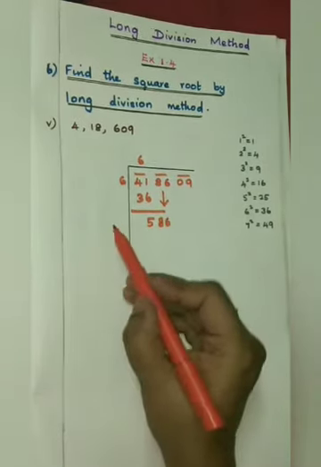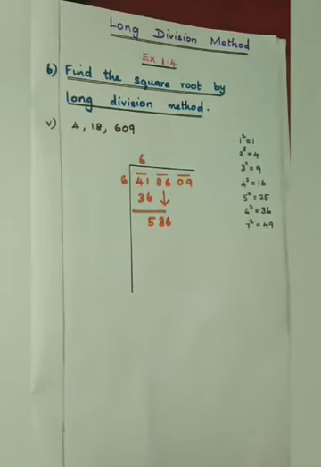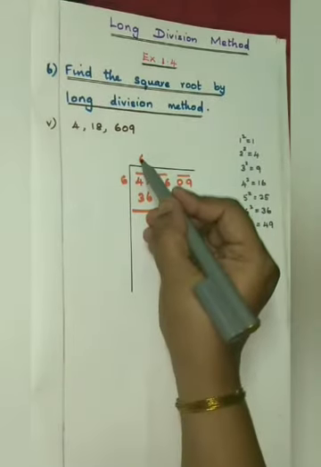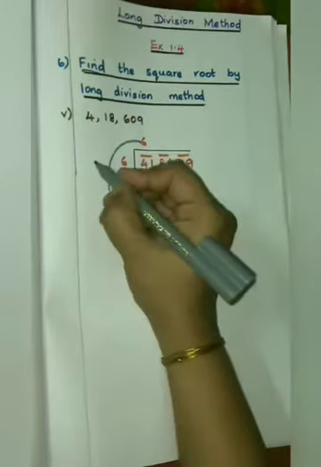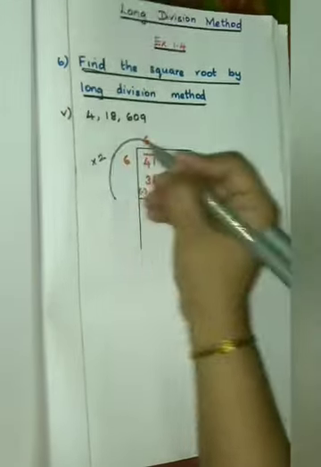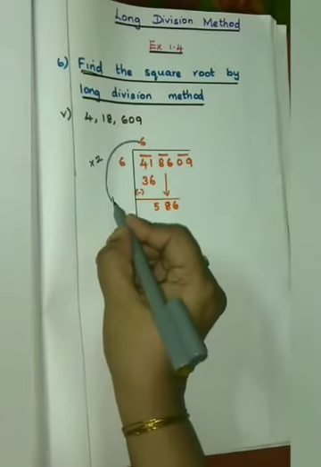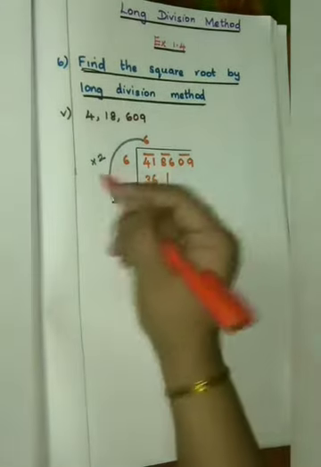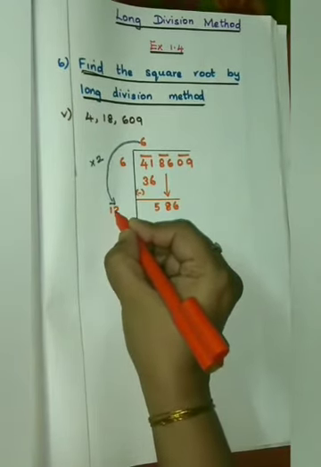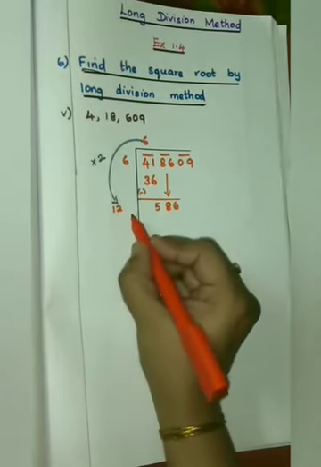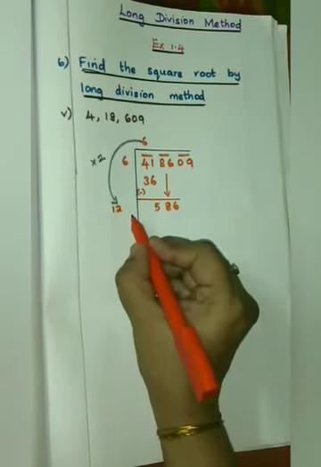To find the new divisor, multiply the quotient by 2. Six twos are 12. Write the divisor, leave a blank space next to it.